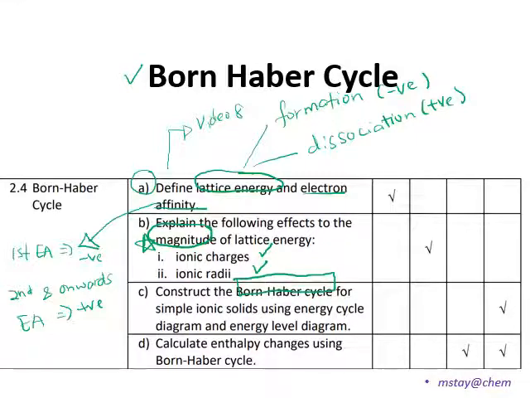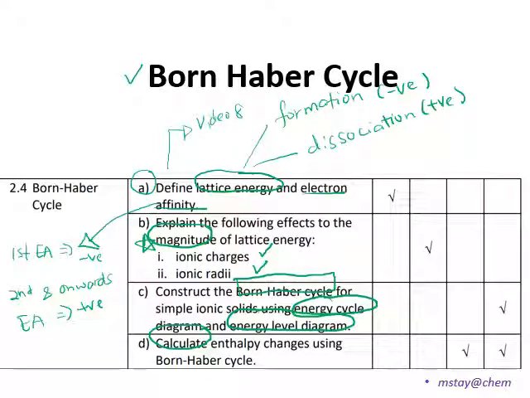So you will notice later when you want to construct a Born-Haber cycle, there are two types of Born-Haber cycle. One we call the energy cycle diagram. Another one we know as the energy level diagram.